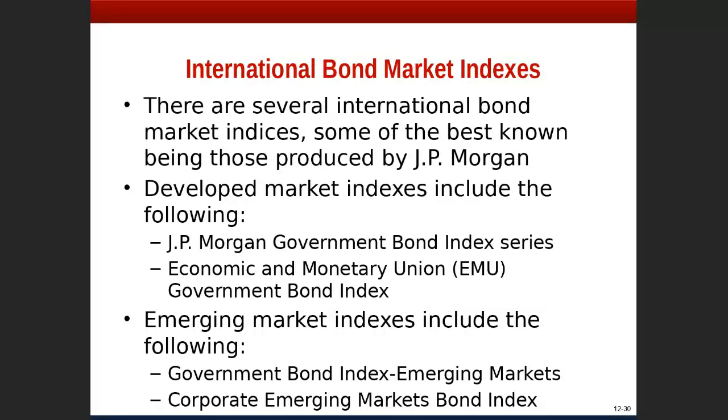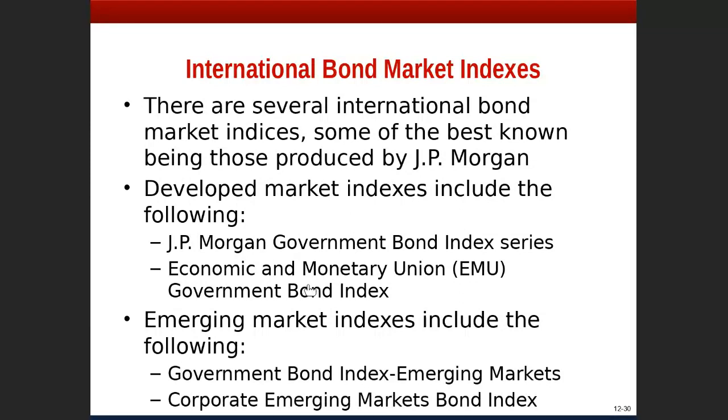Finally, we touch on international bond market indices. There are several international bond market indices, some of the best known being those produced by JP Morgan. Developed market indices include the following: the JP Morgan Government Bond Index Series and the Economic and Monetary Union Government Bond Index.